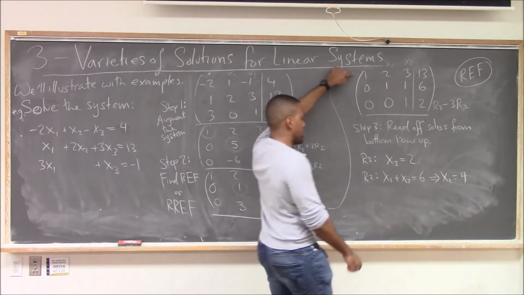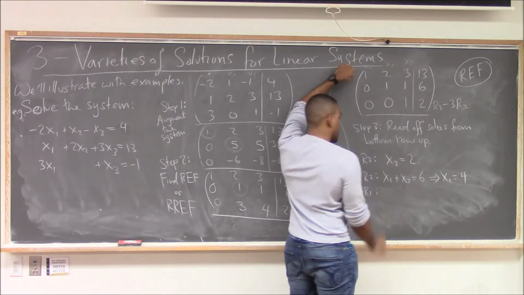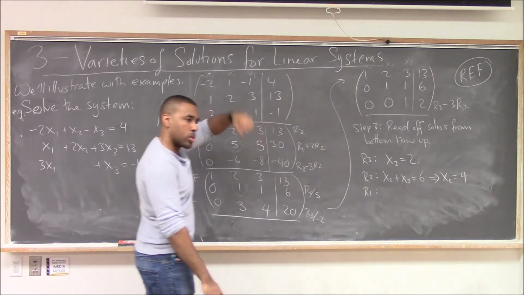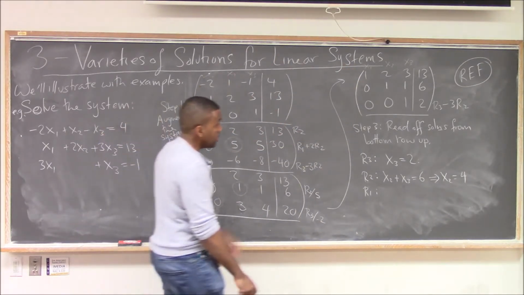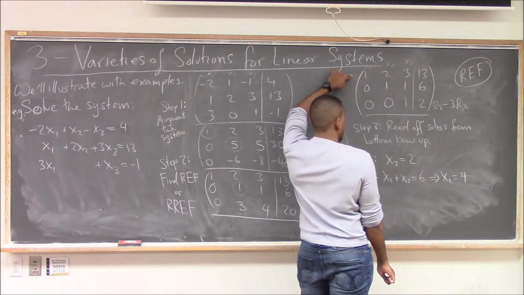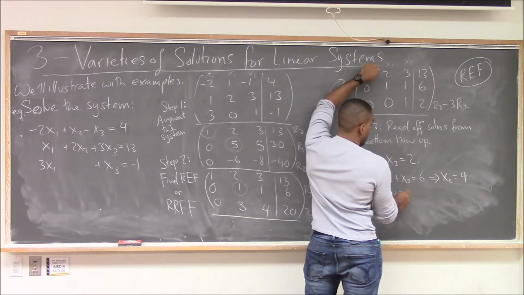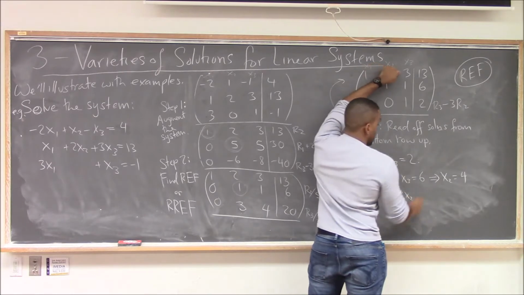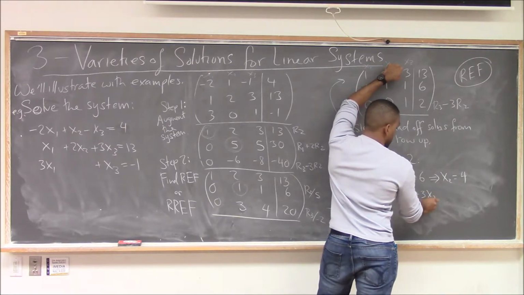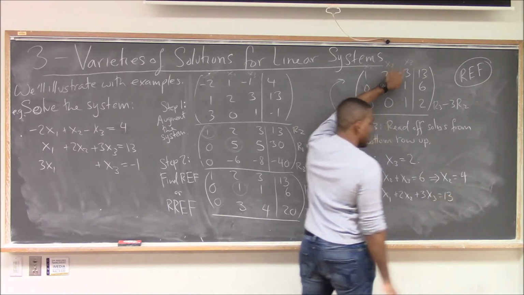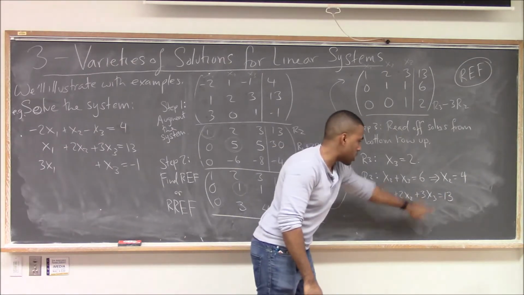Then you move up to the next row, row 1. Alright, so we go from the bottom up because we're back substituting all the way up. And by the time we get to the top, we should be able to have found everyone. So the first one says x1 plus 2x2 plus 3x3 equals 13. But I know what these two are.